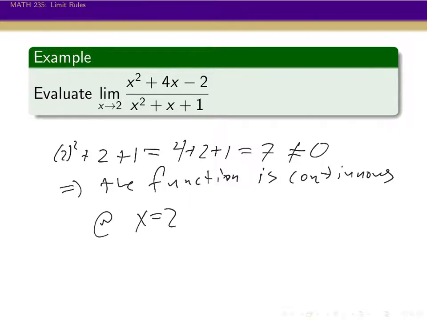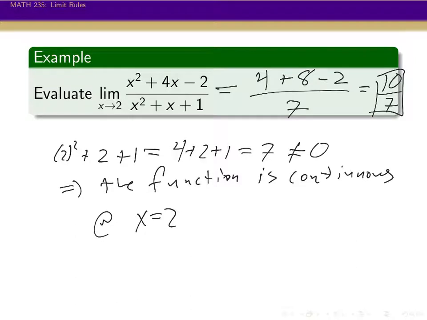And so all we need to do is just plug 2 in for x everywhere. So it's going to be 4 plus 8 minus 2. We already figured out that the bottom is 7. So I have 12 minus 2 is 10 over 7. And we're done.